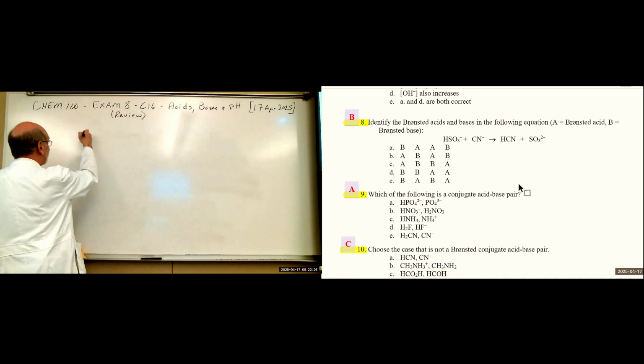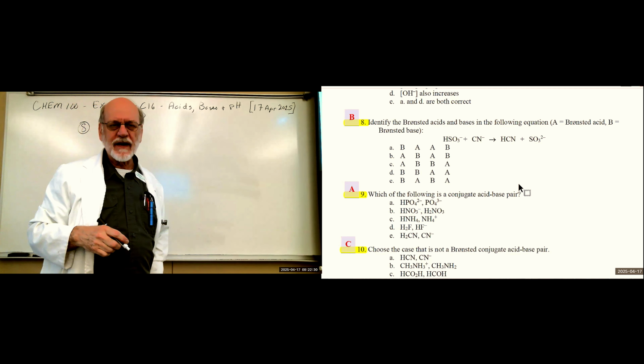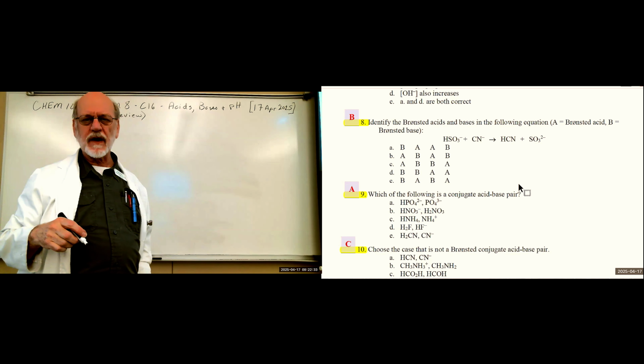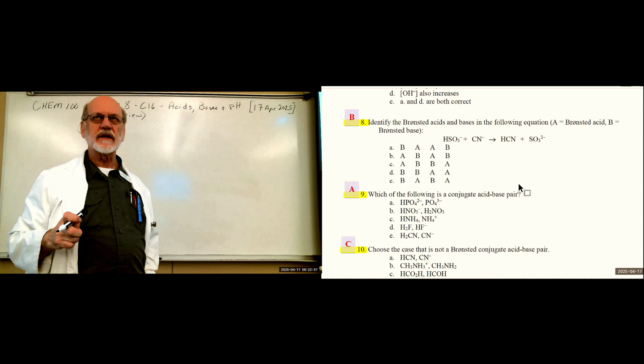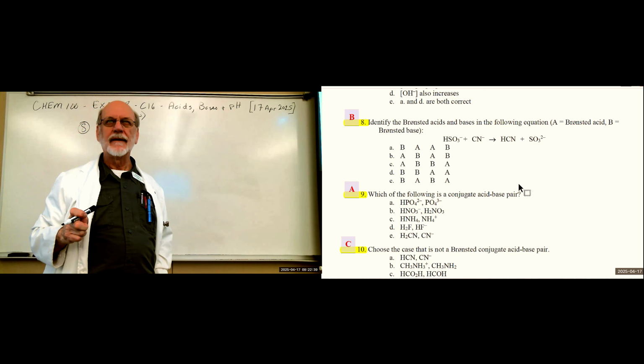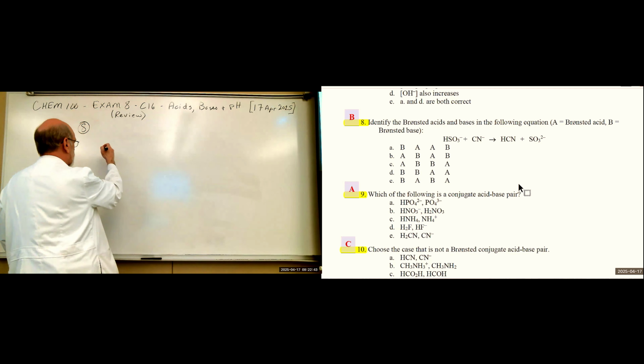Number 8. Identify the Bronsted acids and bases in the following equation. A is a Bronsted acid, B is a Bronsted base. Okay, so let's write the equation up here.